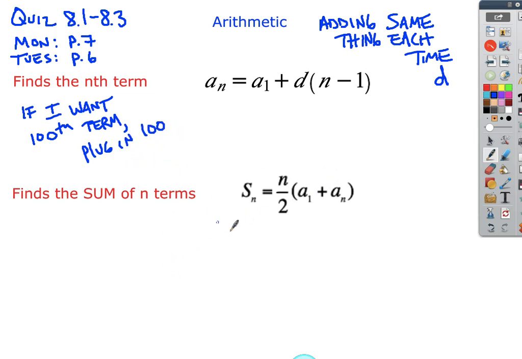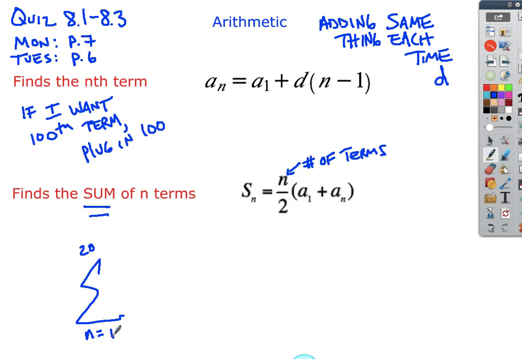Now the second formula down here is if you want the sum of a certain amount of terms. Remember that n is the number of terms. If you have a summation symbol, typically they start at 1. Let's say we go from 1 to 20. That would be 20 terms.